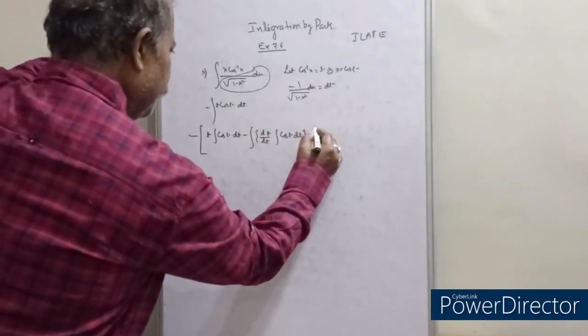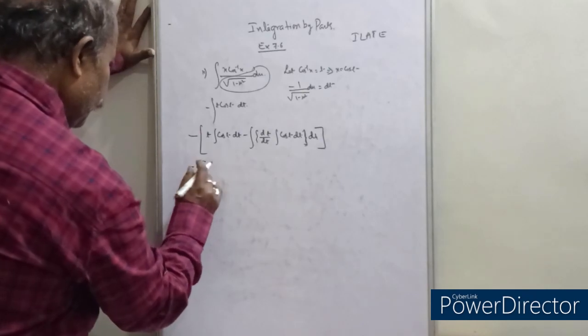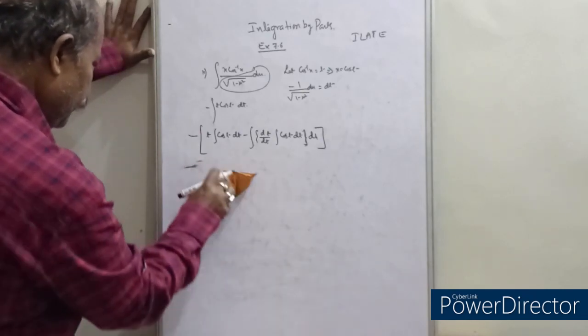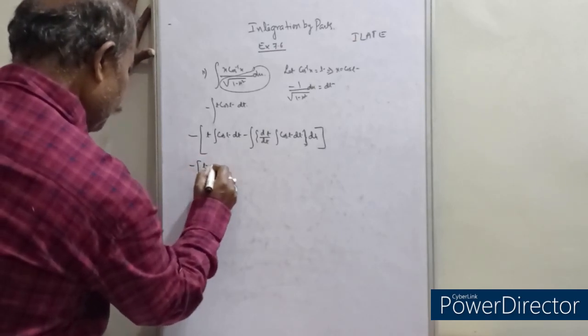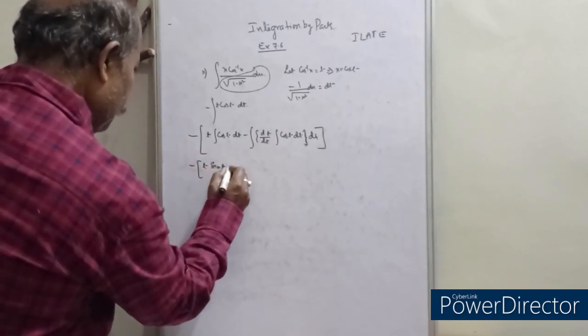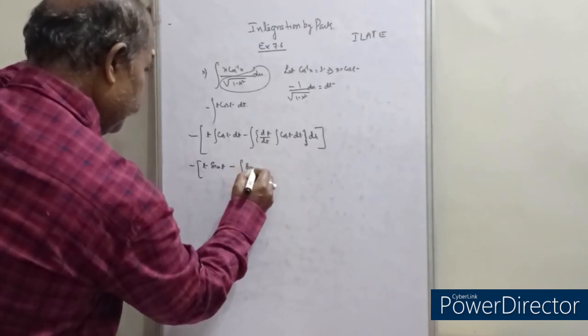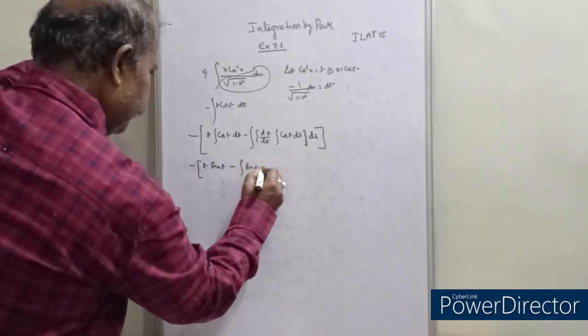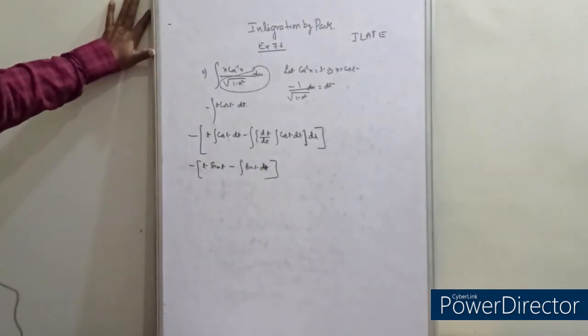So here this will be minus, bracket, t sine t minus 1 times sine t dt.